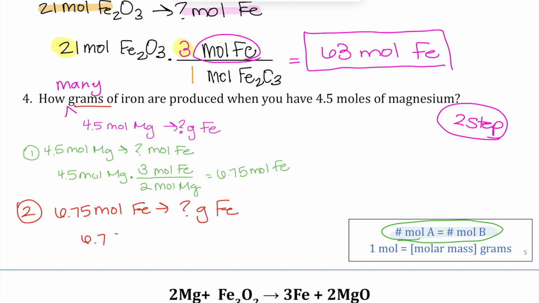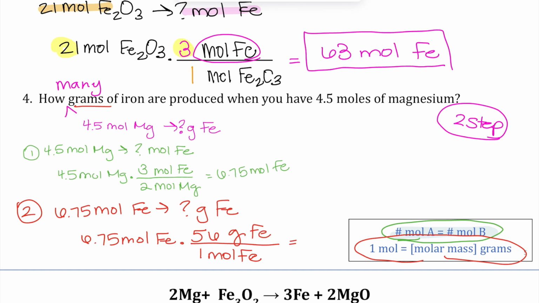So 6.75 moles of iron, well, that gram to mole relationship, I'm going to put my 1 mole of iron on the bottom so that I can get rid of moles of iron, which means my molar mass in grams is going to go on the top. Using our periodic table, iron has a molar mass of 56.